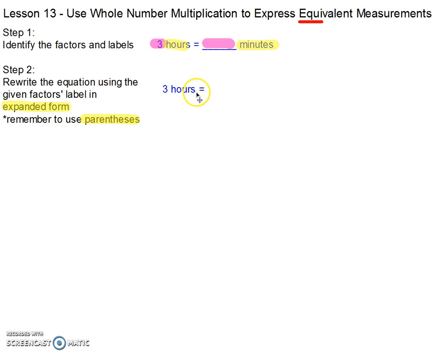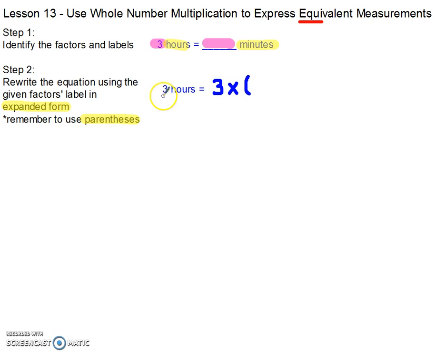So I'm going to write 3 hours, and I want to draw out or rewrite that. I have my 3. And I know when something is together like that and there's no other operation in the middle, that means it's multiplication. And here's where my parentheses come in.